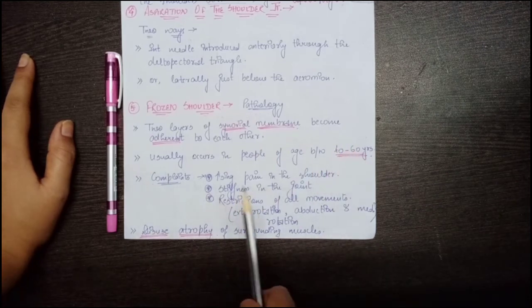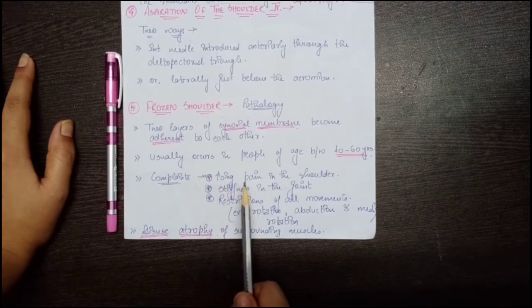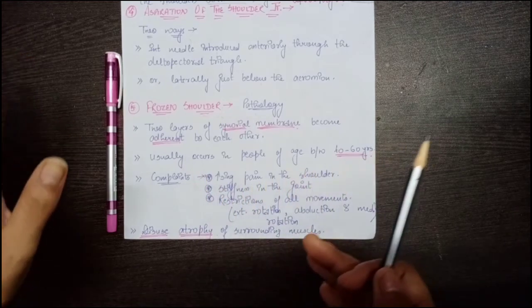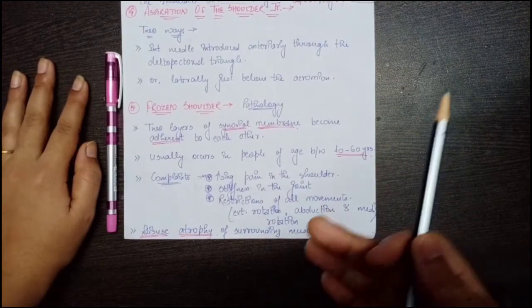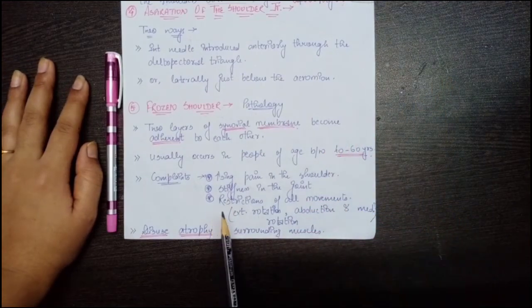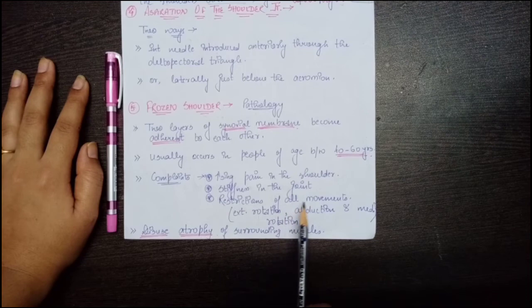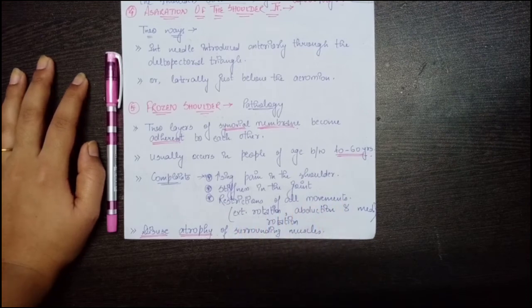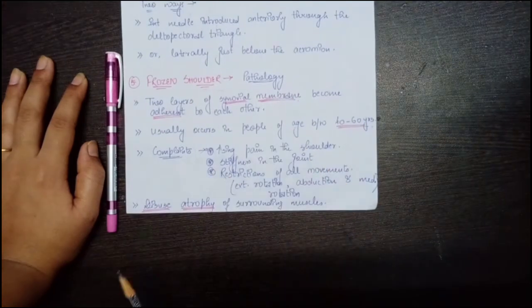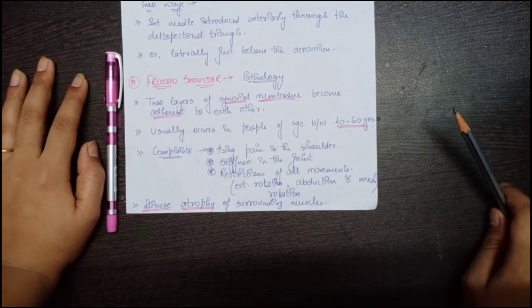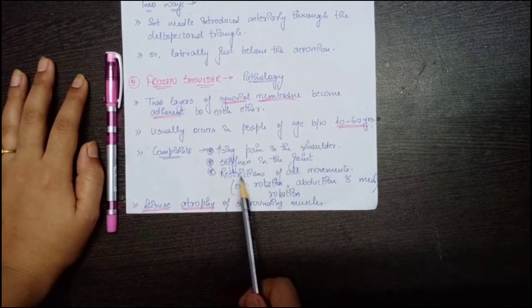The complaints that I already discussed are increasing pain in the shoulder and stiffness of the joint, that is you cannot move the joint very easily, and there'll be pain while moving the joint because there'll be restriction of all the movements like external rotation, abduction, and medial rotation. And also what will happen is disuse atrophy.